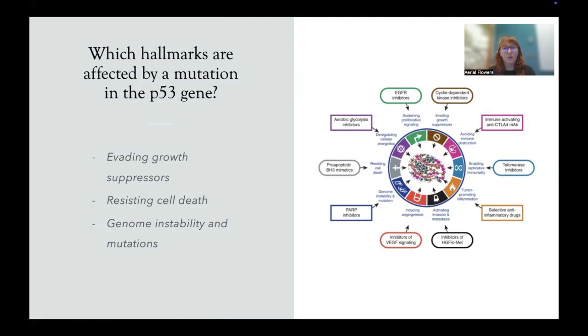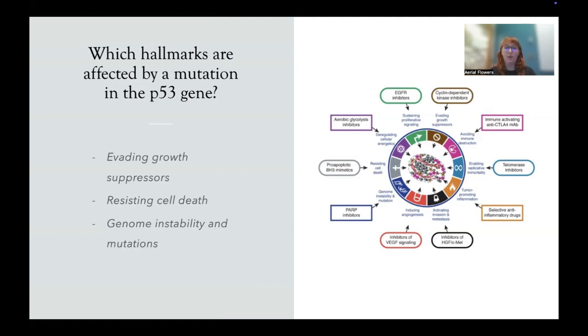When P53 is mutated, it is inactivated and can no longer maintain cell cycle checkpoints. This means that the cell cycle can no longer be arrested by P53, which leads to continuous and uncontrolled cell division. Without the ability to stop the cell cycle when appropriate, a cell acquires the hallmark of growth suppression evasion.